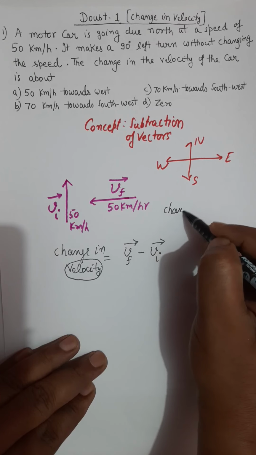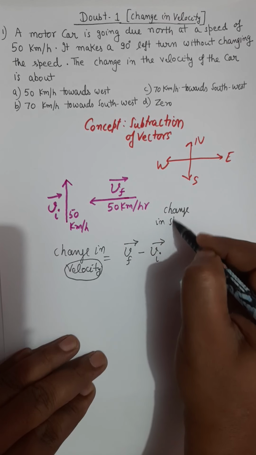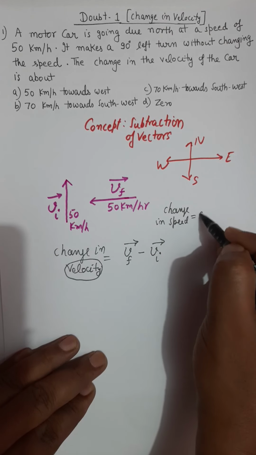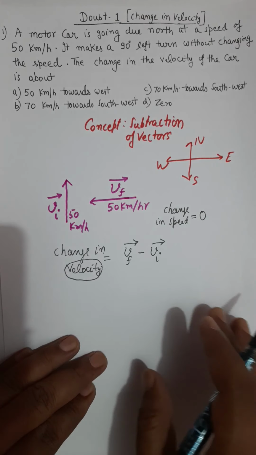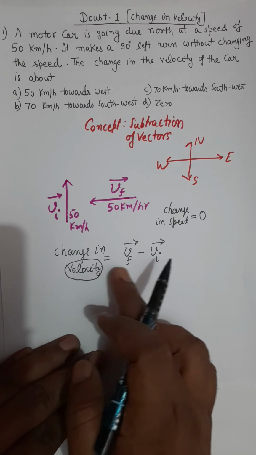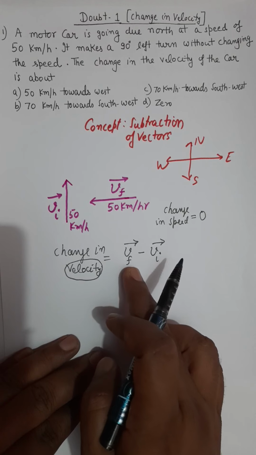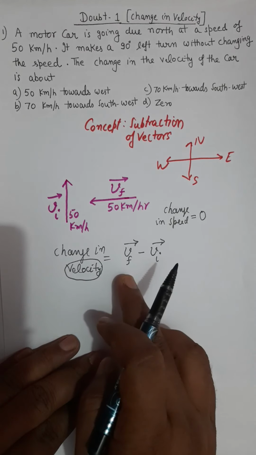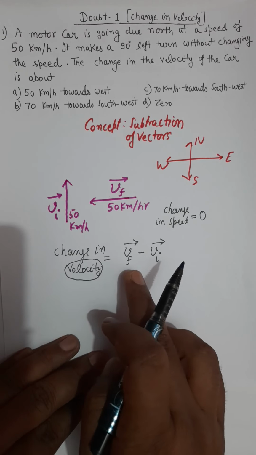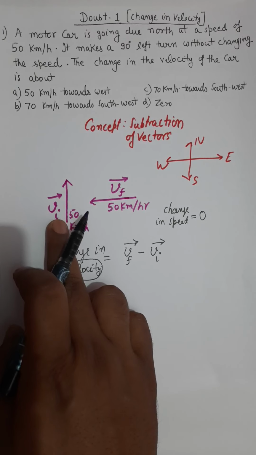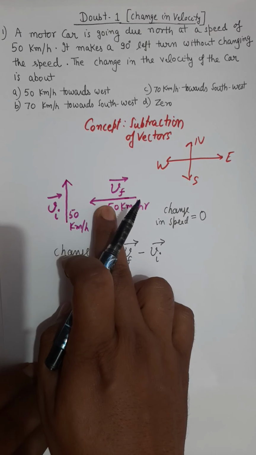If I ask what is change in speed, then you will say it is 0. But if I ask what is change in velocity, then we have to solve it by subtraction of vectors, and that means I have to subtract this vector from this vector.